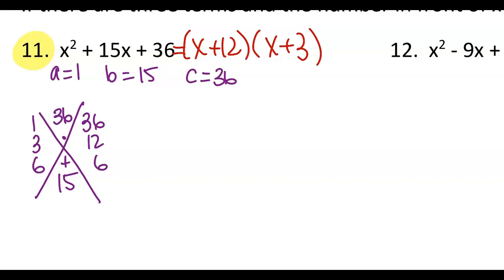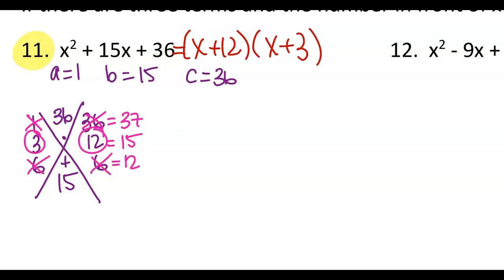Okay, from here, I always tell my students, after you have a couple, start adding, see what happens. All of these multiply to 36, which is what I wanted. That's great. Now I need to see if the same combination of numbers will add up to 15. So when I do that, I'm going to add. That'll give me 37. Can't be those two. I'm going to add these two. That'll be 15. Ooh, this looks nice. And then if I add 6 plus 6, that's 12.